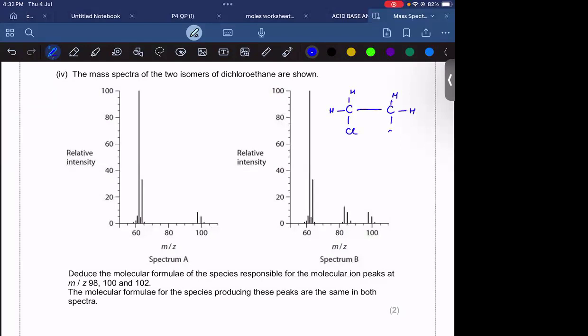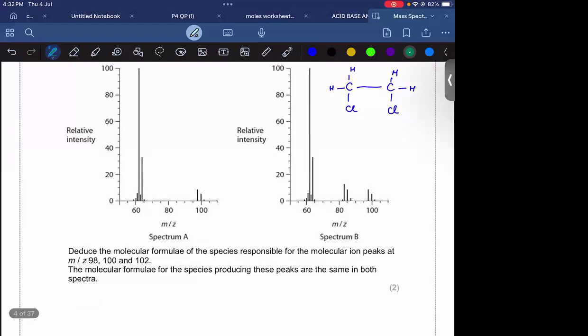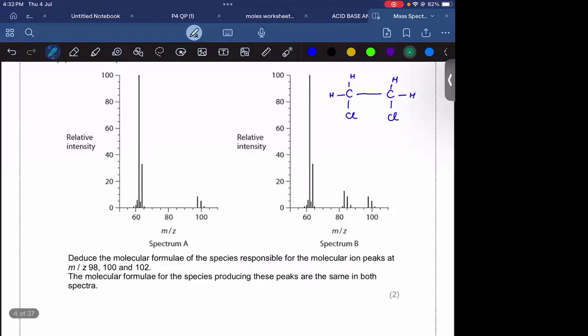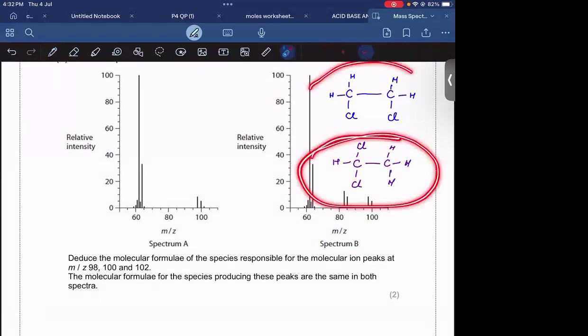Can you tell me another isomer of this? Obviously, it would be just like this. This is 1,1-dichloroethane, and this is 1,2-dichloroethane.